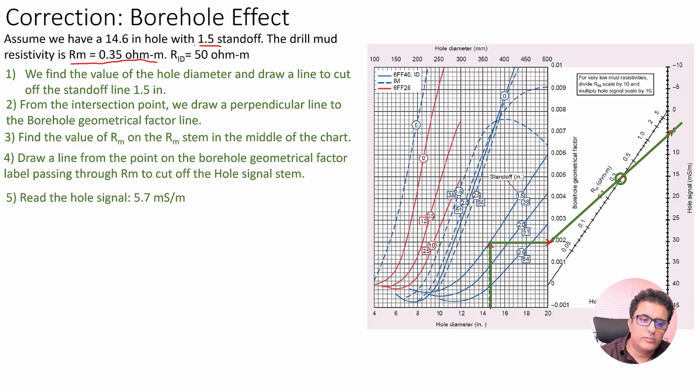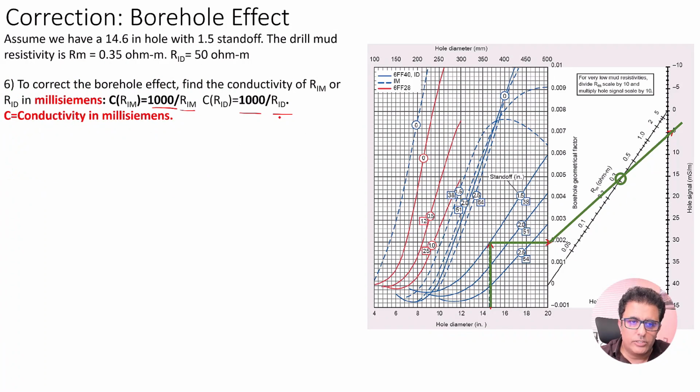How are we able to do that? The first thing that we want to do here is convert the resistivity to conductivity. We want to have conductivity in millisiemens per meter.